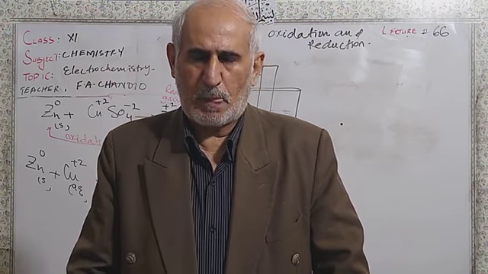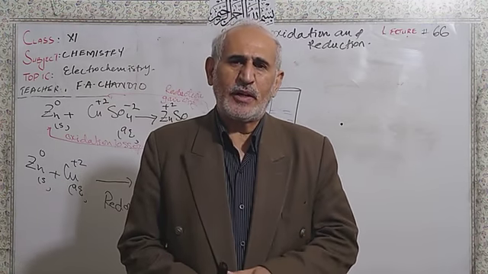You should remember these; there is no change in these. Oxygen is mostly negative 2 in a compound. In the case of peroxides, it is negative 1, or in superoxides, negative half. But in normal oxides, which are mostly used, it is negative 2.